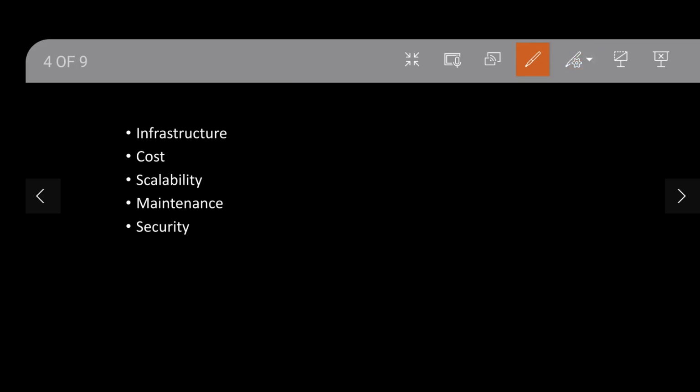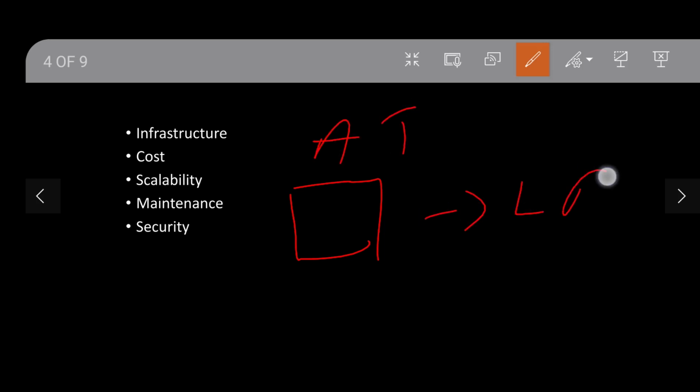Okay, let's take one more example. Suppose right now you are running an application, and this application requires a low-end processor. At this moment, in traditional IT infrastructure, you have to buy a low-end processor. After that, you require a high-end processor for running a different application.